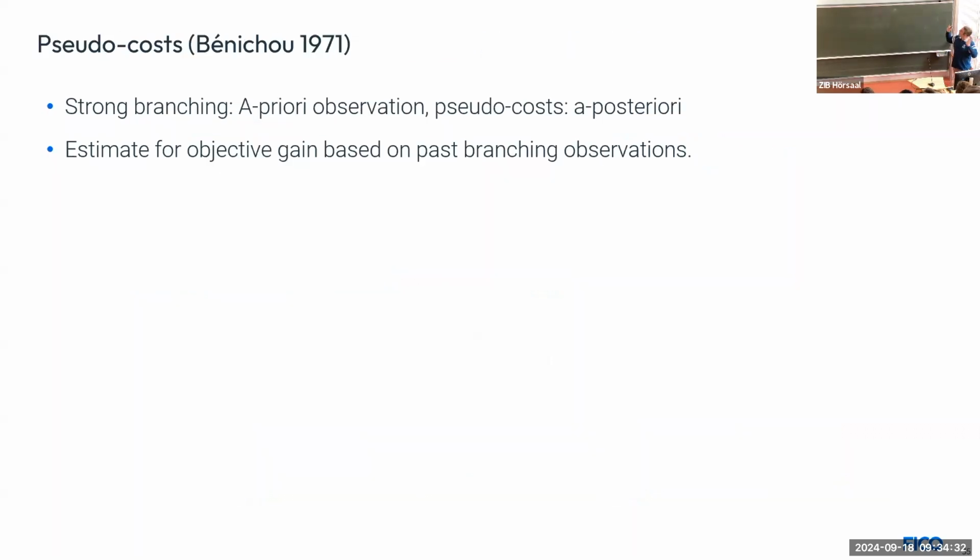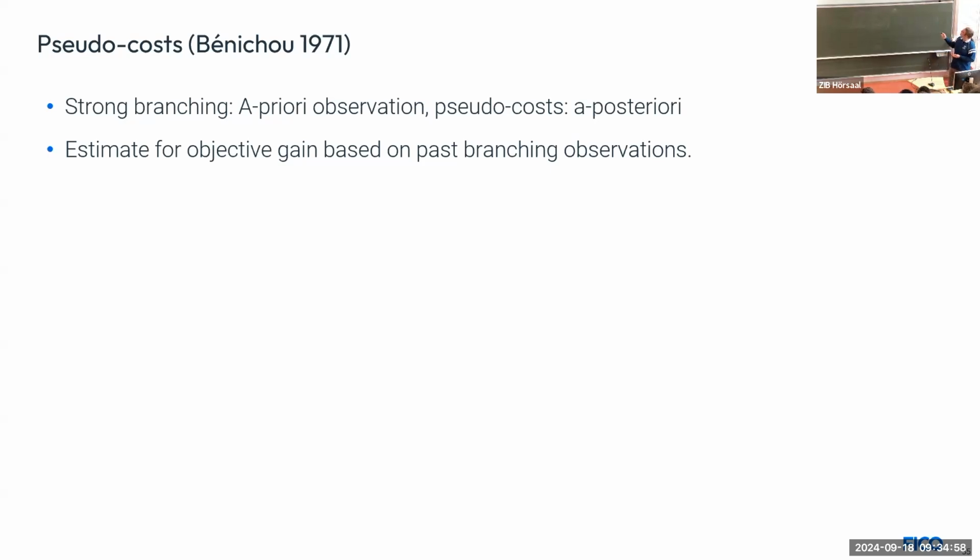Okay, let's come back to how to try to improve the dual bound. I described the drawbacks of strong branching, namely the expensive computation. And strong branching was suggested in the 90s. I think way earlier, people came up with the idea of pseudo-costs, where strong branching is an explicit a priori observation.